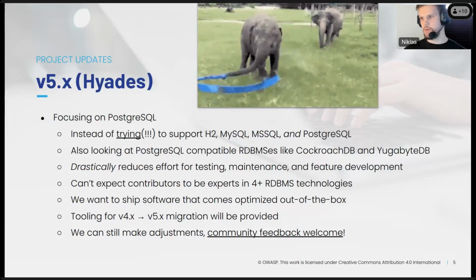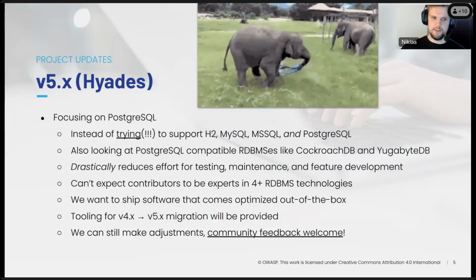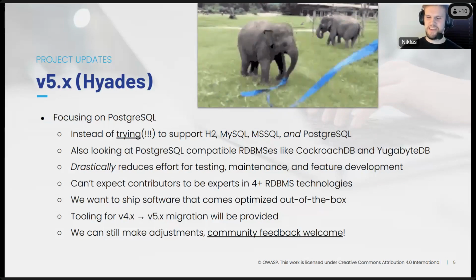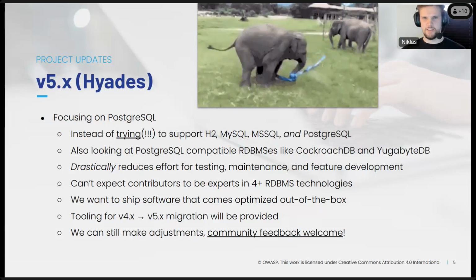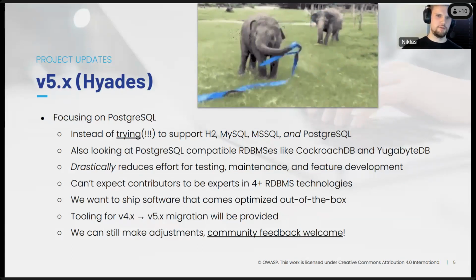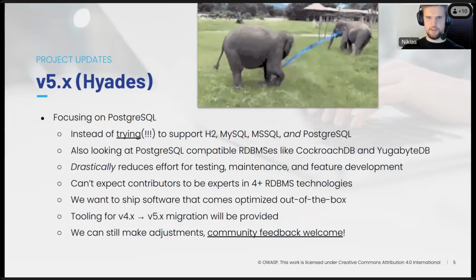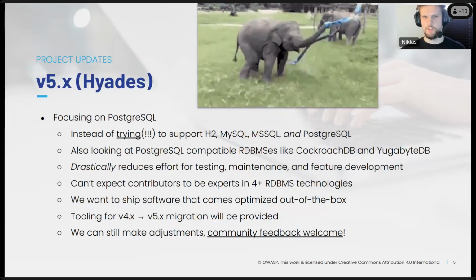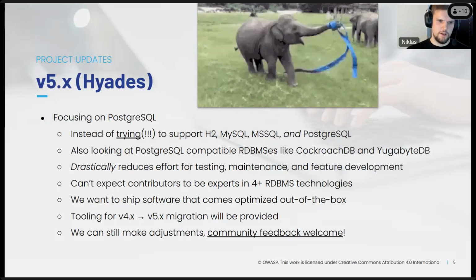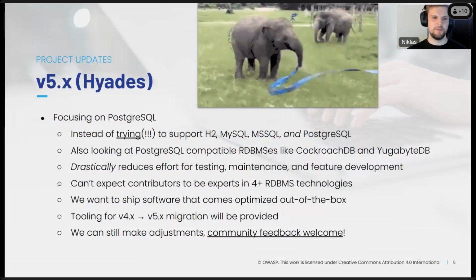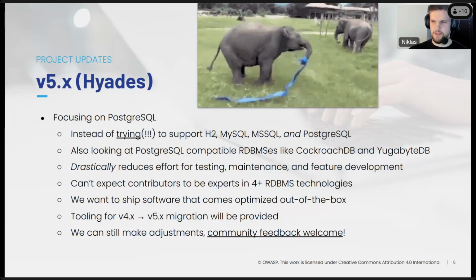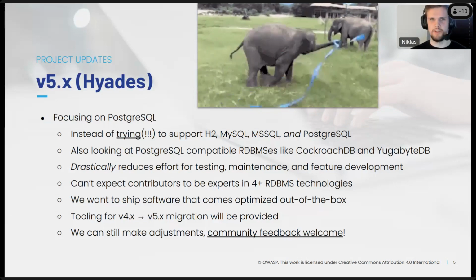So if you have concerns, if you really need support for other database systems, please let us know. Later in the Q&A section there will be time, but you can also, of course, reach out to us via chat, email, whatever have you, or GitHub issues even. This is really important to us that we communicate this directly, and we haven't done this so far. Now we have. Again, if you have concerns, please let us know.